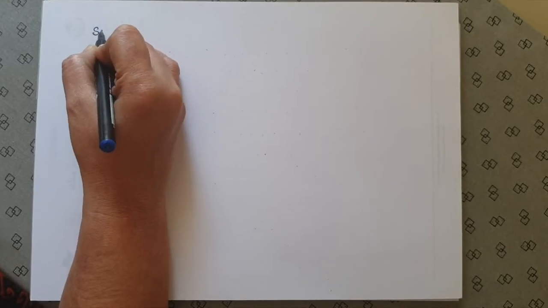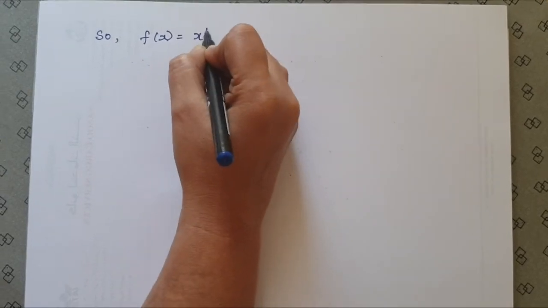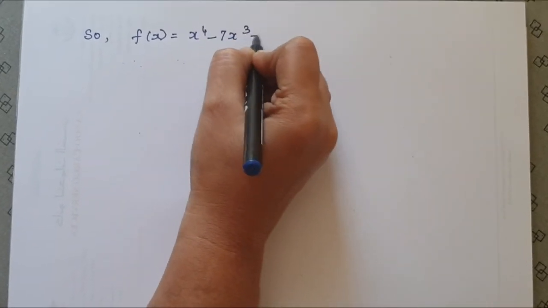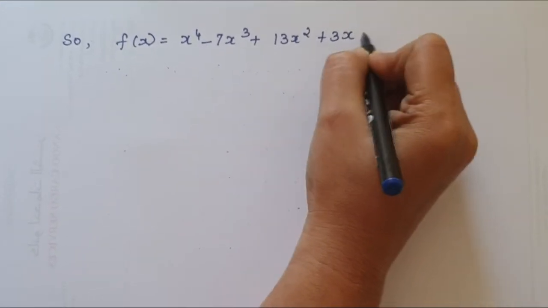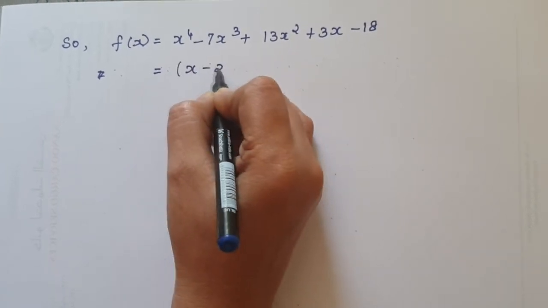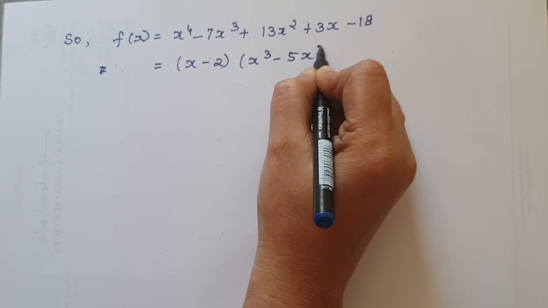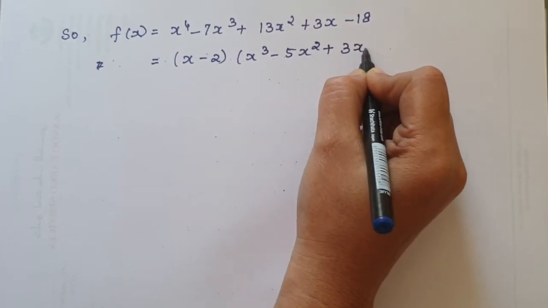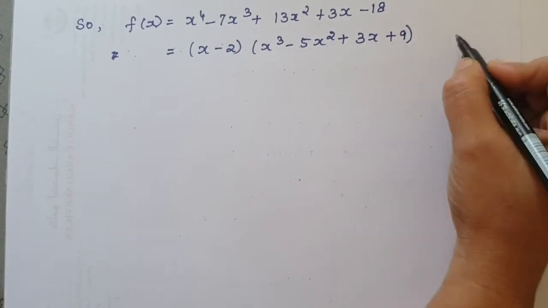So now our given expression f of x, which is x power 4 minus 7x cube plus 13x squared plus 3x minus 18, can be written as x minus 2 into x cube minus 5x squared plus 3x plus 9, because this comes from our long division.